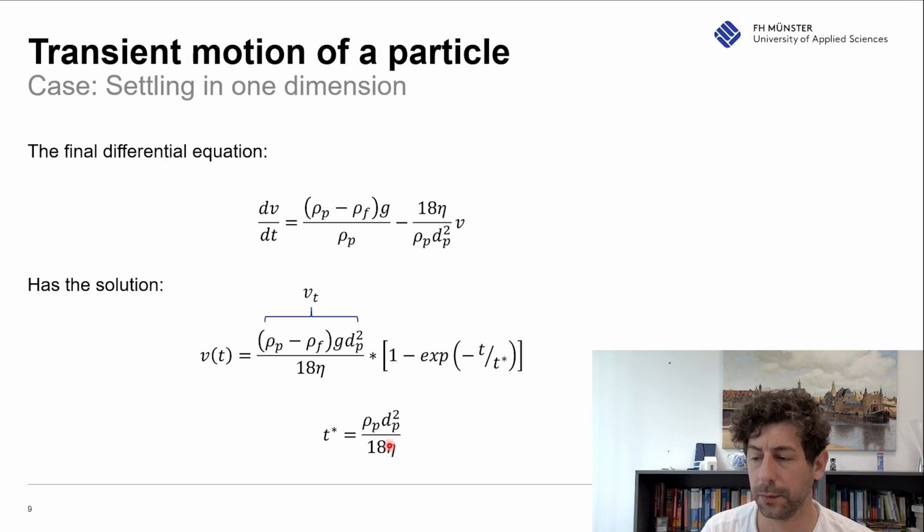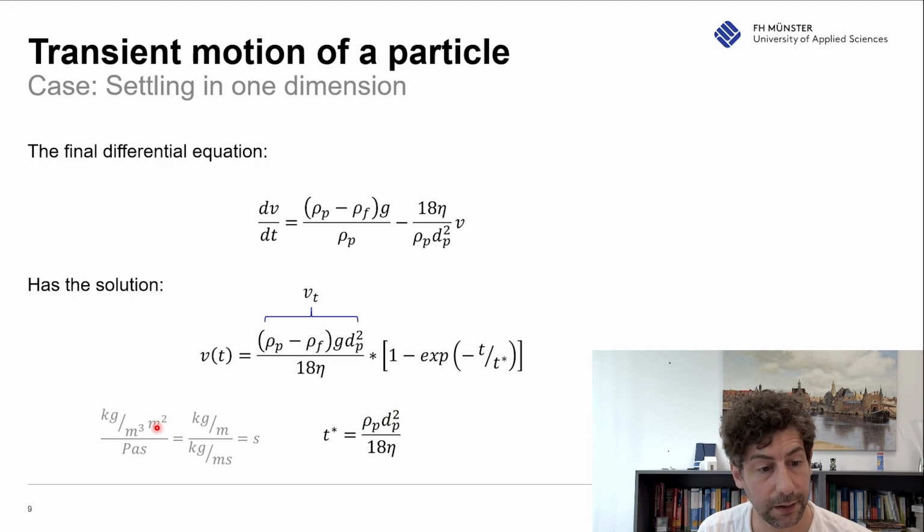And why t star? Because if you look at the units, that's density and that's length squared. So density, length squared, and here we have dynamic viscosity, Pascal seconds. And if you just work with the units, Pascal seconds, and this is done, then you have kilogram meter seconds, this cancels out, this cancelled out, and we have seconds. So this is a time.